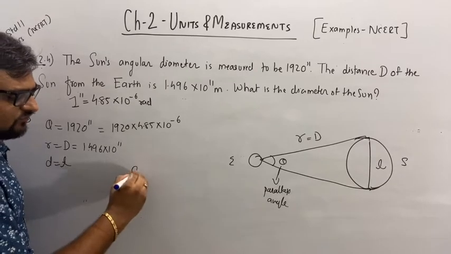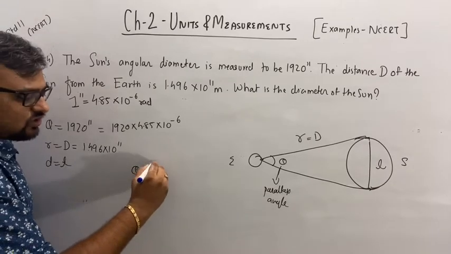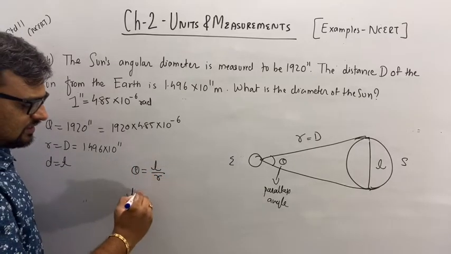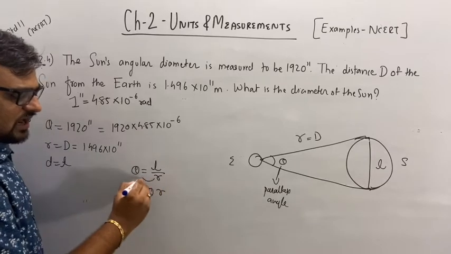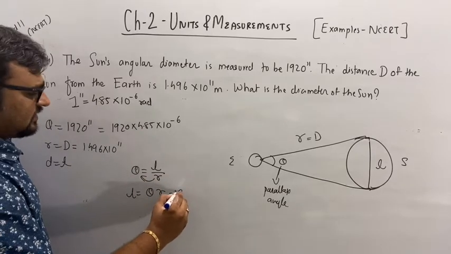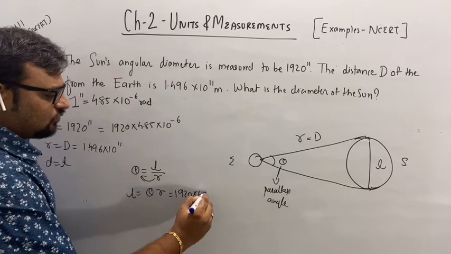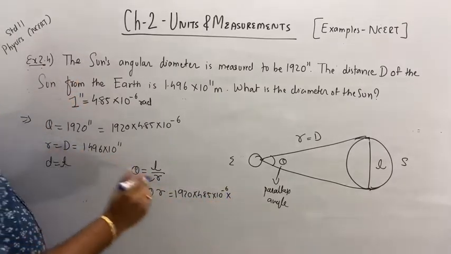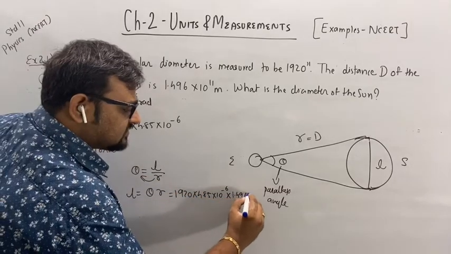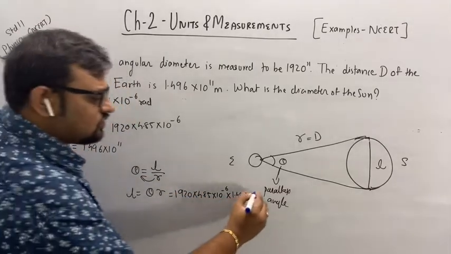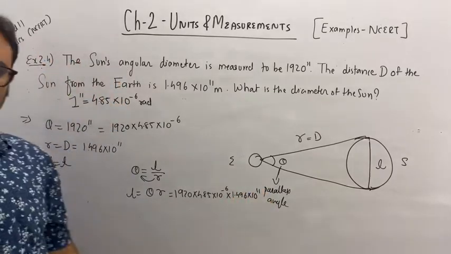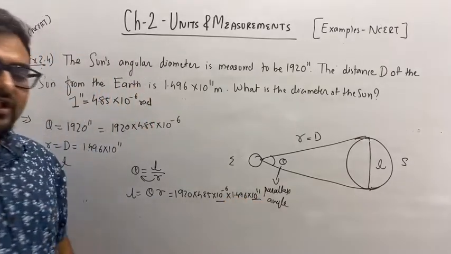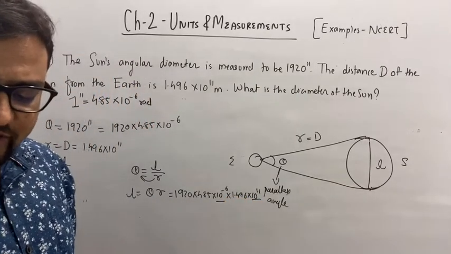Now we use the formula angle equal to arc by radius. So what is L? Theta into R. Theta is 1920 into 4.85 into 10 raised to minus 6, and R is 1.496 into 10 raised to 11. For calculation, just separate the powers of ten; don't consider them in the calculation.